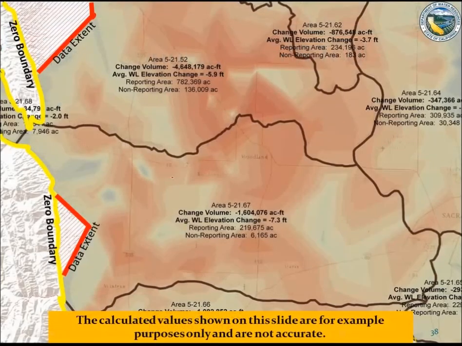Here, the red lines indicate the data extent. That would mean we do not have any groundwater elevation data in this area or up in this area. So these areas are carved out and not part of the total change volume calculation.